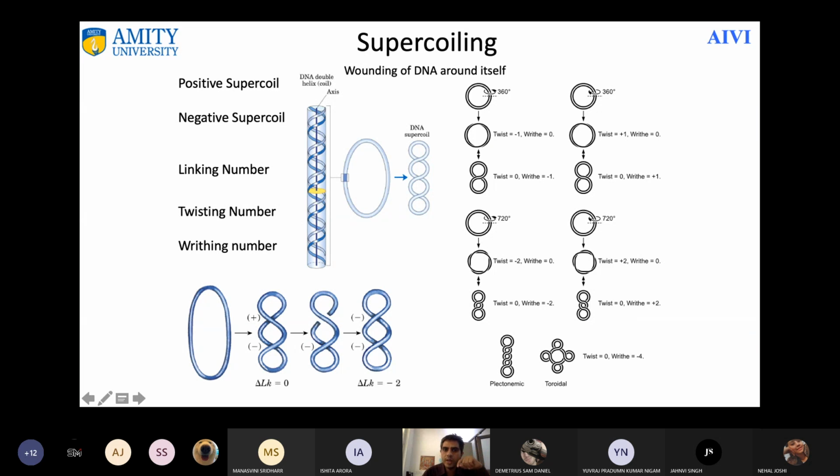Here you can see the twist is going to be 1, 2, 3. Twist is 3 and it is going from right to left. So when it is going right to left, it is going to be -1, -1, -1. The linking number is the total supercoil. So twist plus writhe is going to give you your total supercoil.